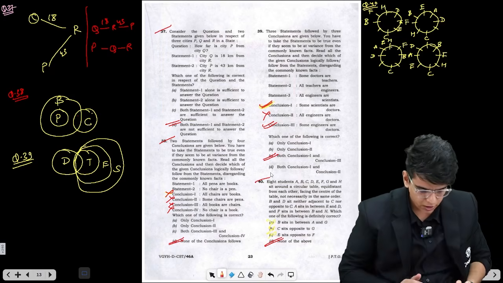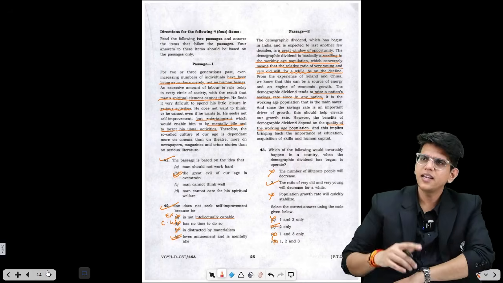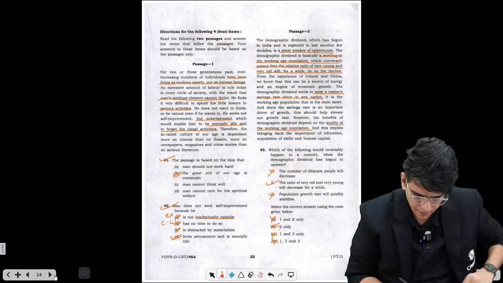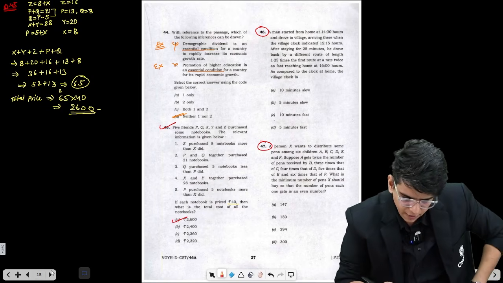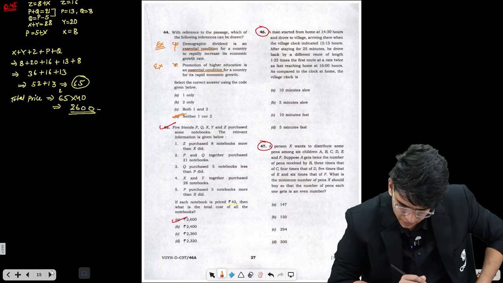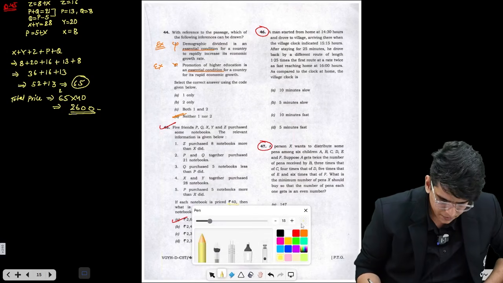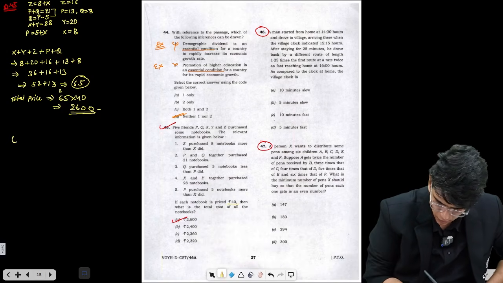Done? Chalo. We'll wrap this up in 10 to 15 minutes. Now we have left question number 46 and 47. Let's solve question number 47 first.